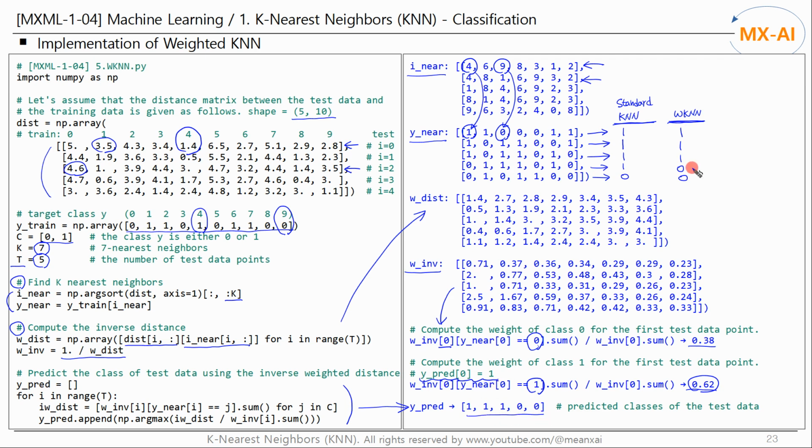The predictions for the fourth test data point do not match. Standard KNN classifies this as class 1. But weighted KNN classifies this as class 0. Although class 1 is the majority, this test data point is closer to class 0, so WKNN classified it as class 0.